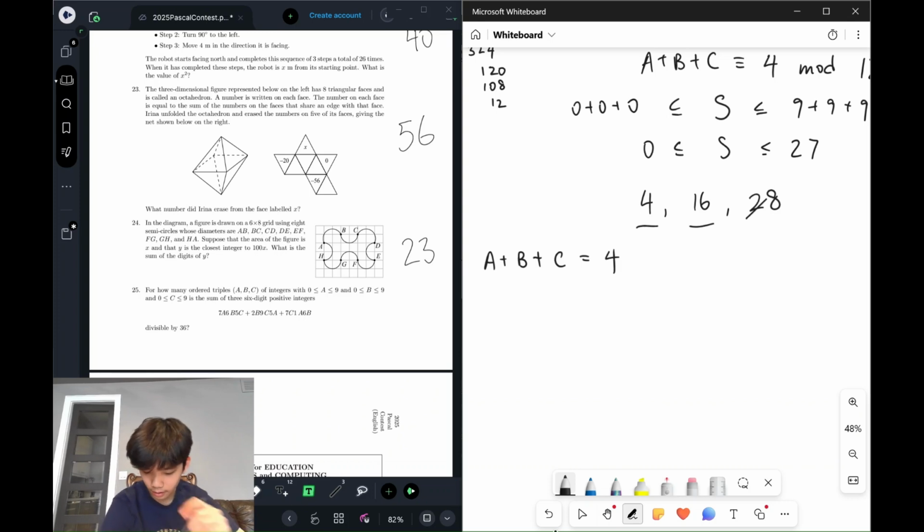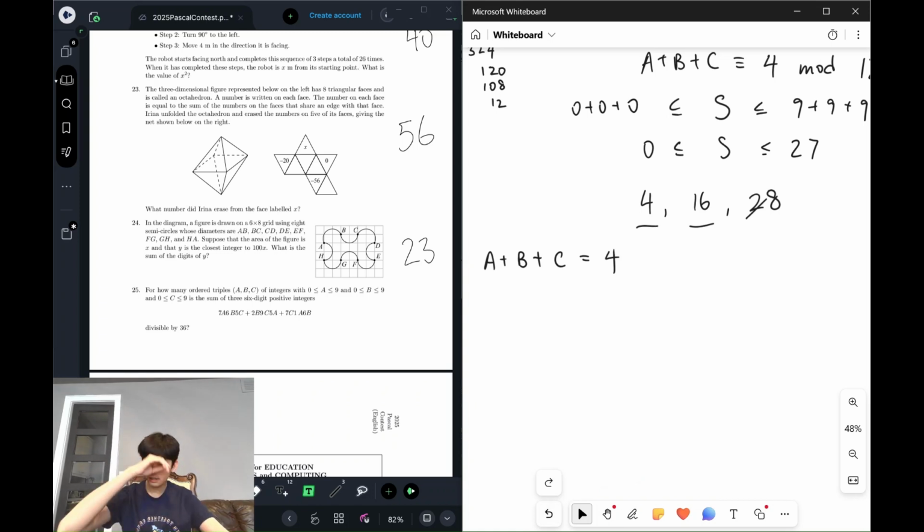Well, I'm going to ignore the order first. And so the possibilities are, well, in this case, the condition that A, B, and C are less than or equal to 9 doesn't matter since they're all clearly less than or equal to 4, so we can use stars and bars.